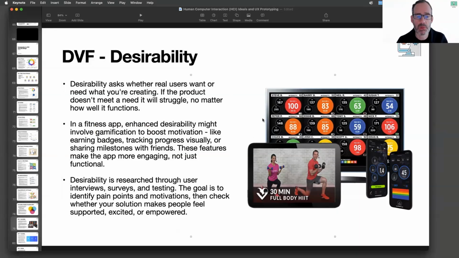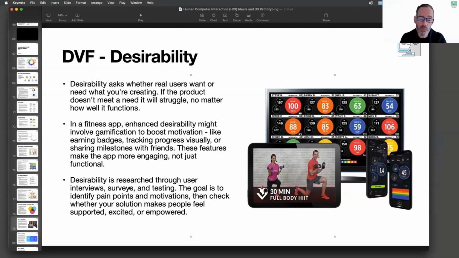It's one of the ways social media works. You can get badges, you can track progress visually, you can share milestones, all those types of things. You see people, they go for a run with a fitness tracker and they post their times and stuff on social media. So these features make the app or the platform more engaging, more desirable.